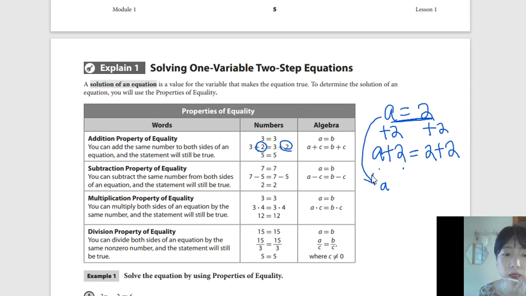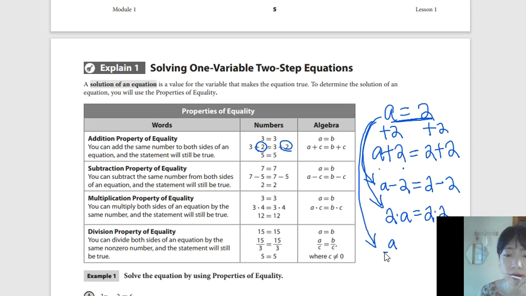Same thing for multiplication: multiply a by 2, and you multiply 2 times 2. If you divide a by 2, you have to do the same thing on the other side, 2 by 2. Okay, so those are the properties of equality.